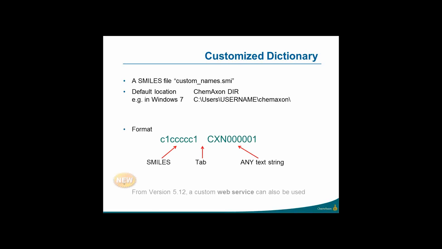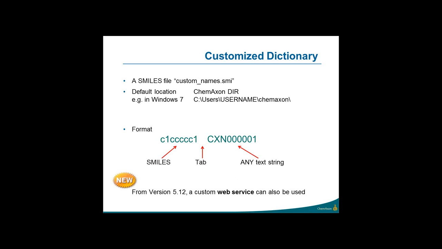And another thing I want to point out is that starting from version 5.12, which will be released probably in a week or two, you can also call this customized dictionary using a web service. So before 5.12, if you have a collection of corporate IDs, then every user in your company needs to have this file on their computer.